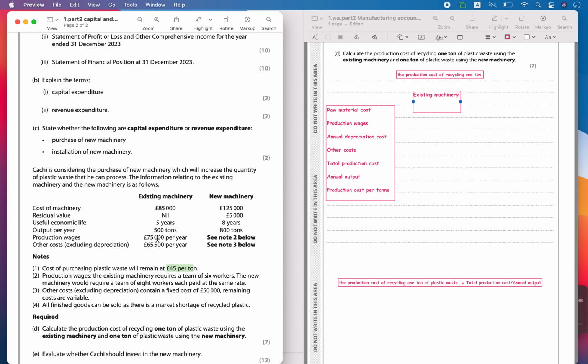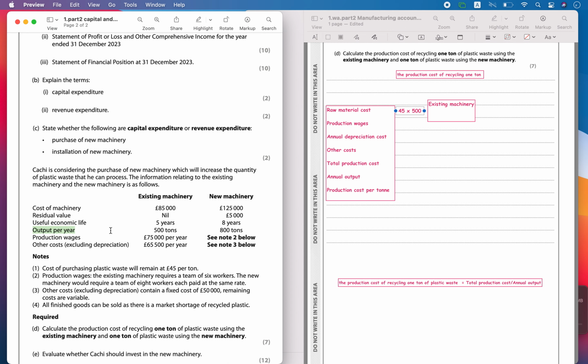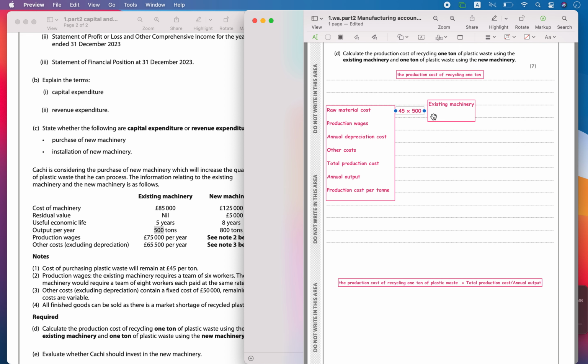The output is 500 tons, so I have to purchase that much. 45 times 500 is equal to 22,500. That's for the existing machinery.